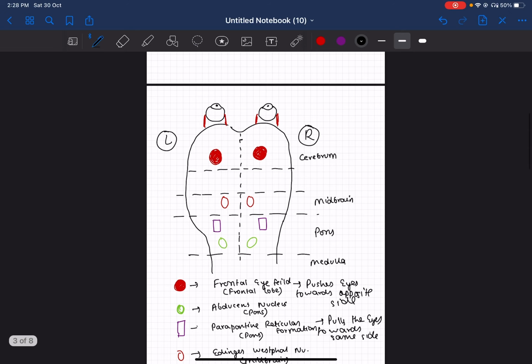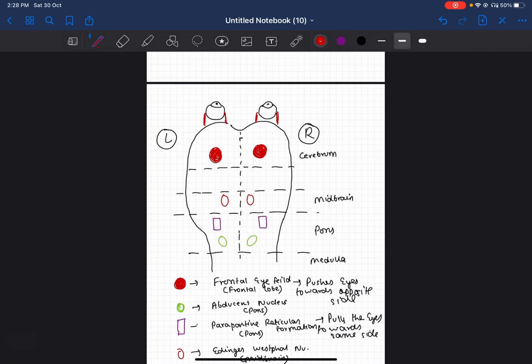Now, if a person is attempting a right-sided gaze, if a person wants to see the right side, so his left frontal eye field should activate because then only it will push the eyes towards the right side. So his left frontal eye field will activate. Now this will cause activation of the right PPRF because as we know, PPRF pulls the eyes towards the same side. So let us draw it in circles.